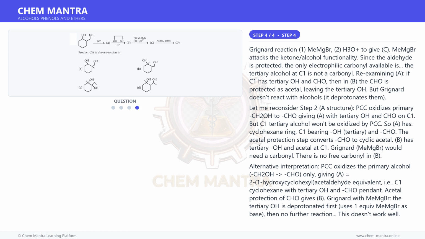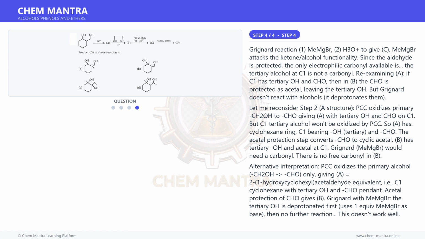If D is 1-hydroxymethyl-1-methylcyclohexan-1-ol, C1 has OH, CH3, CH2OH, and 2 ring carbons. That's 5 bonds, impossible. Option B must show C1 with only 4 bonds: C1 bonded to 2 ring carbons plus OH plus CH3, and C2 bonded to CH2OH. The CH2OH branch is at C2, adjacent.